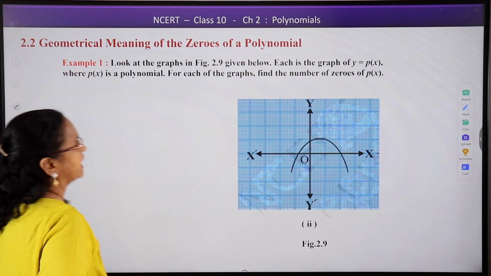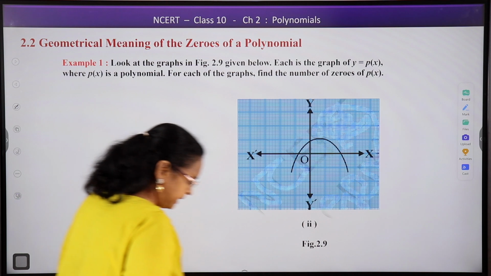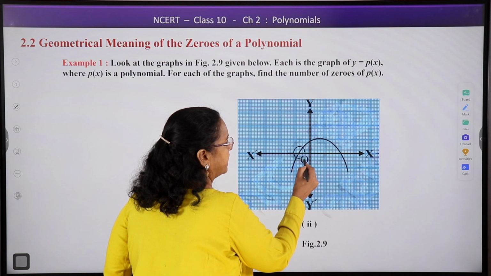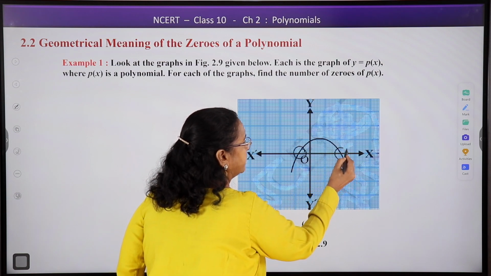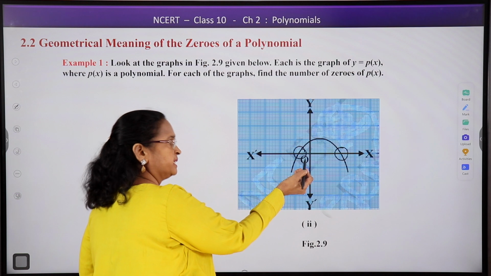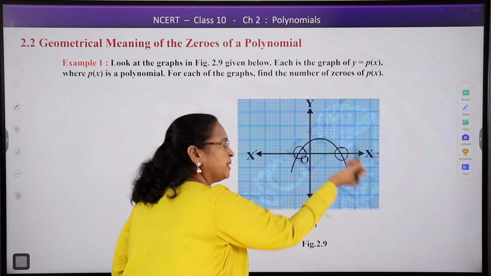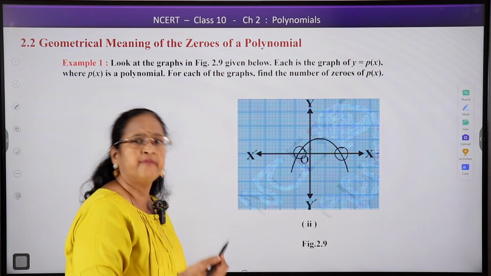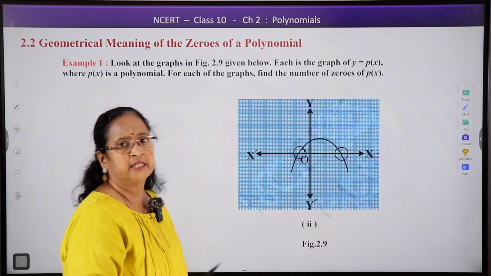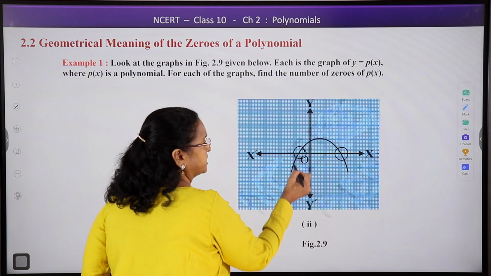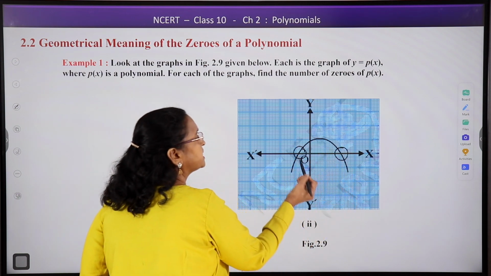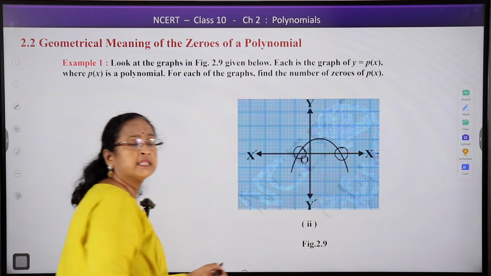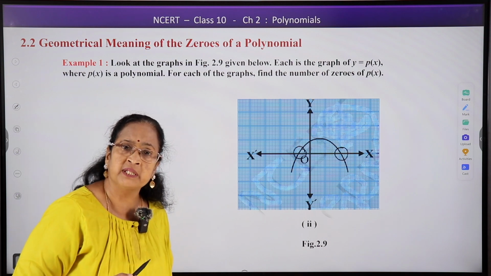Now in the second graph, this is also an inverted parabola, but the graph is touching the x-axis at 2 points. Of course, one is on the negative side, one is on the positive side, but it is touching the x-axis. So it has how many zeros of the polynomial, children?